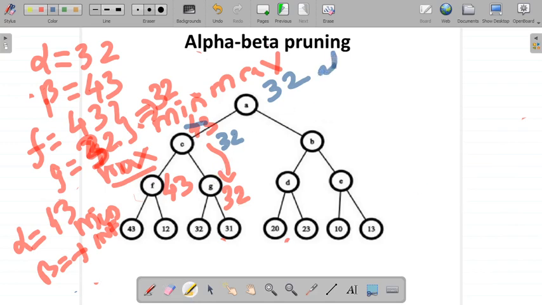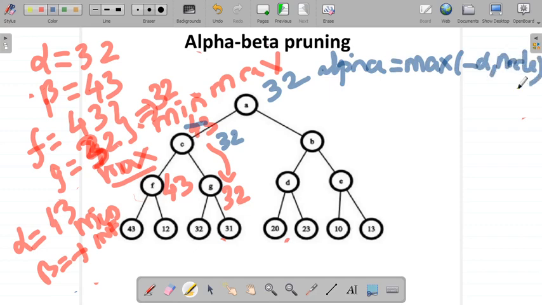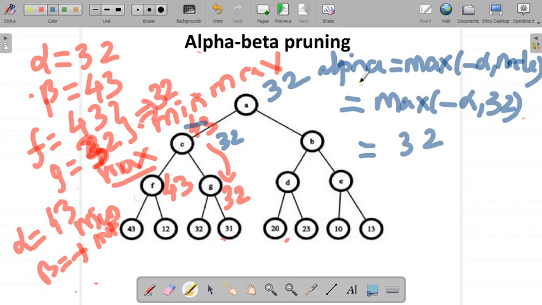So what is the formula for alpha? Max of minus infinity comma node value. So max of minus infinity comma 32, which means the maximum value is 32. So the alpha value is 32.